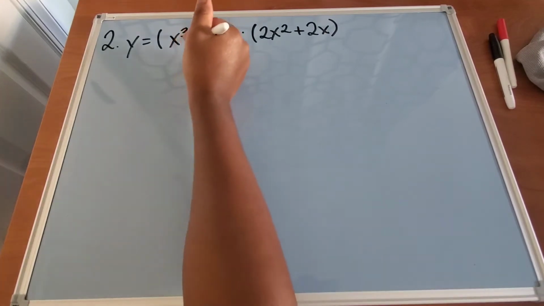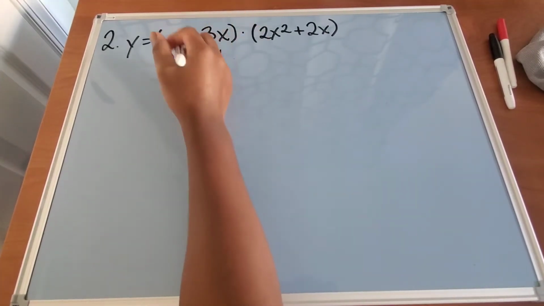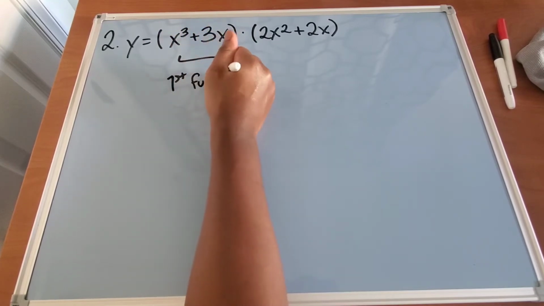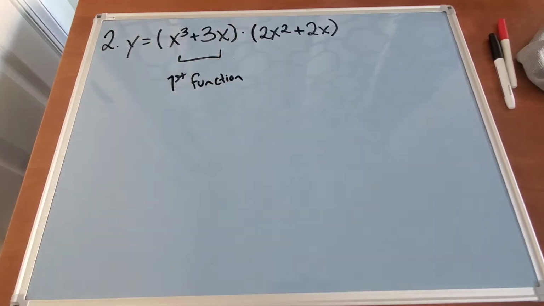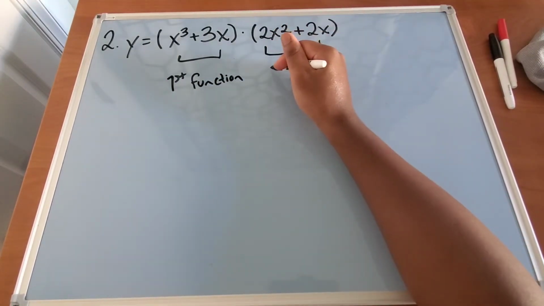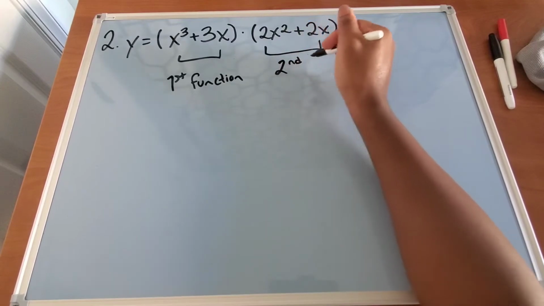So we can identify x cubed plus 3x as our first function. And we can also identify 2x squared plus 2x as our second function.